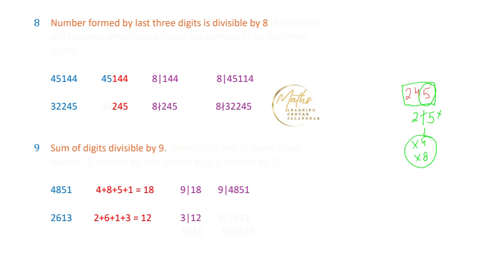If we have to check whether the number 2613 is divisible by 3, we calculate the sum of the digits, and we can see that 3 divides 12. It means 3 divides the given number, but 9 does not divide the sum of the digits. So we are saying that 9 does not divide the number 2613.